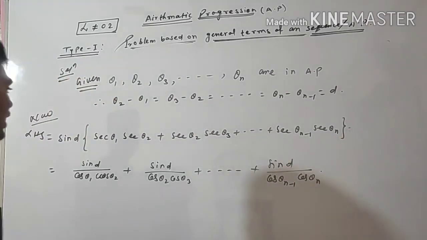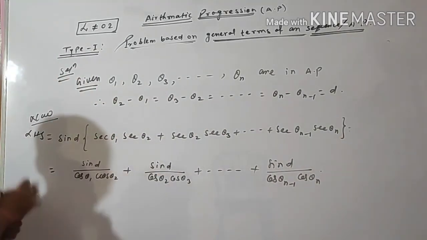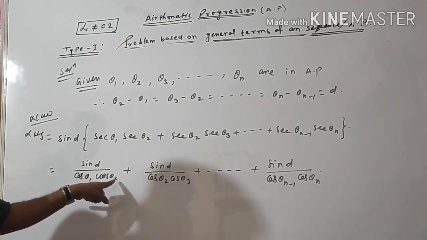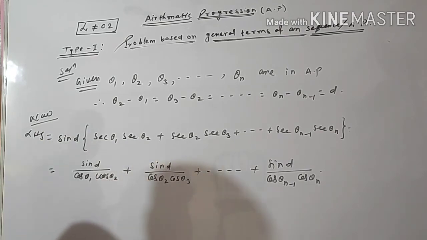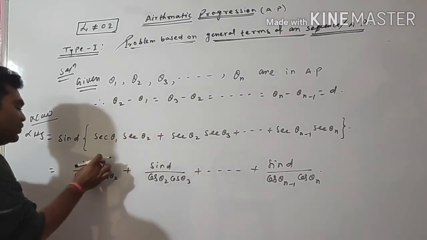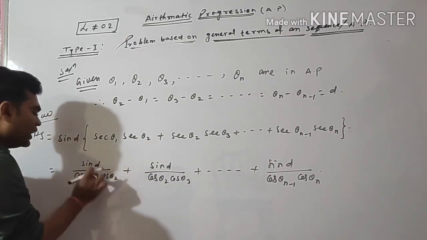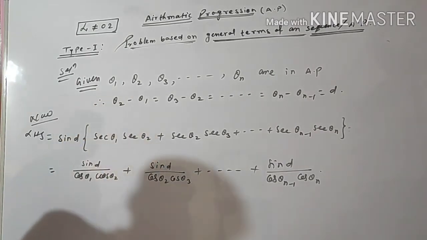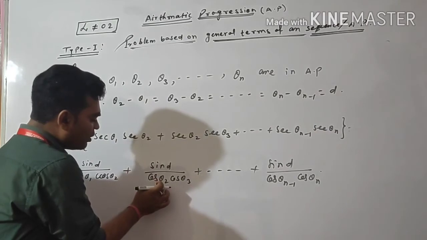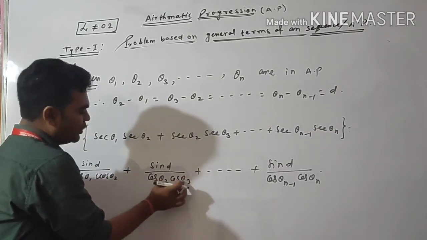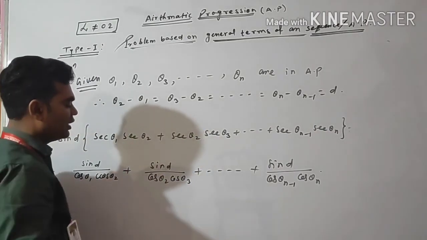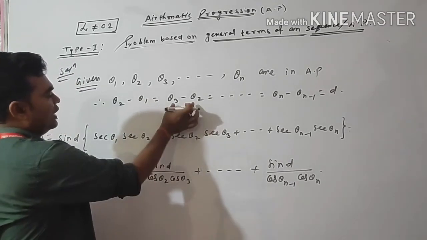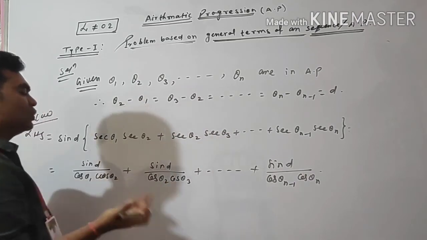Got it? And sin d, here relation between theta 1 and theta 2. Therefore, in place of d, we are putting theta 2 minus theta 1. And here the denominator is related between theta 2 and theta 3. That means in place of d, we are putting theta 3 minus theta 2.